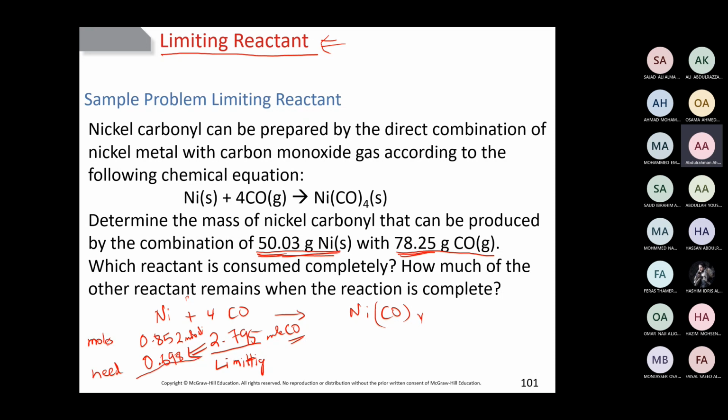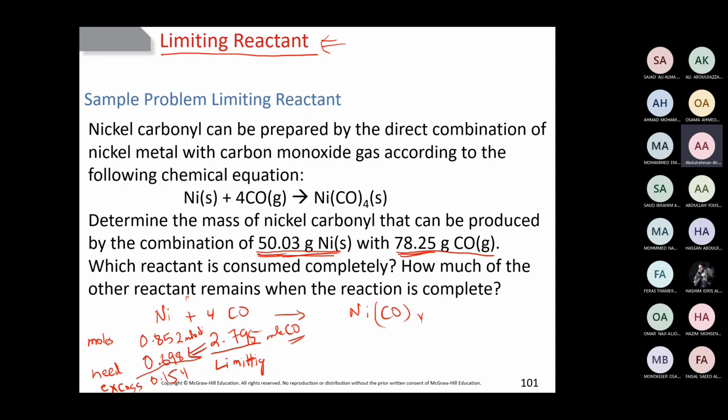This means how many will be extra, excess? How many moles excess? Just subtract them. Give me the answer. 0.154. I agree.